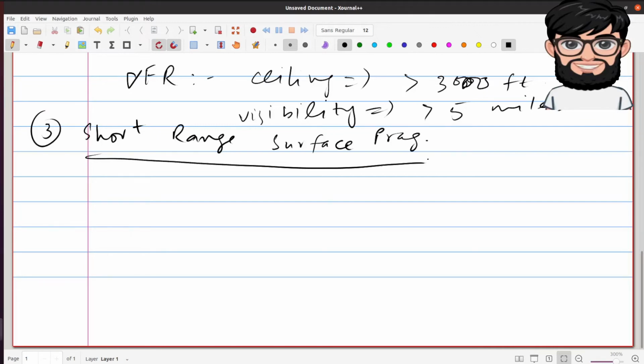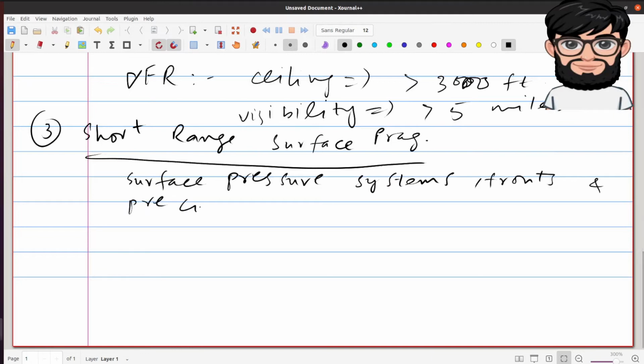Short range surface prognostic charts provide a forecast of surface pressure systems, fronts, and precipitation for almost a 2.5 day period. And they are good for 2.5 days.